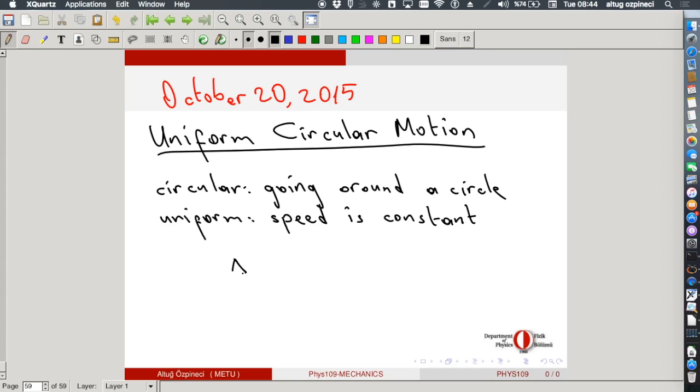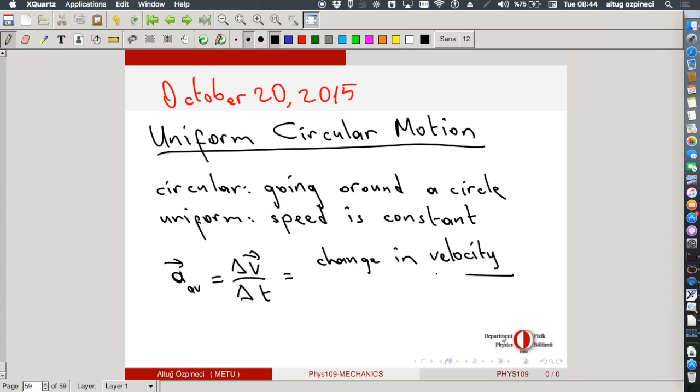Delta x over delta t, or in the three-dimensional case, delta v over delta t, is what we define as acceleration. Let's say this is the average. But it is the change in the velocity, not the change in the speed, divided by the time it takes.